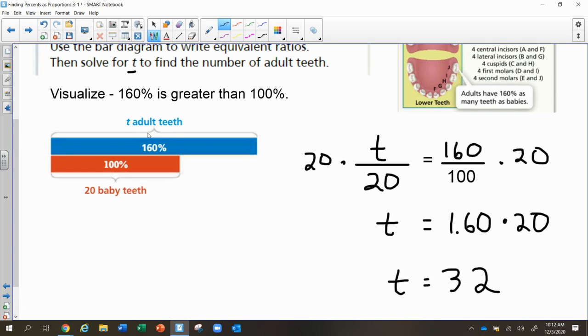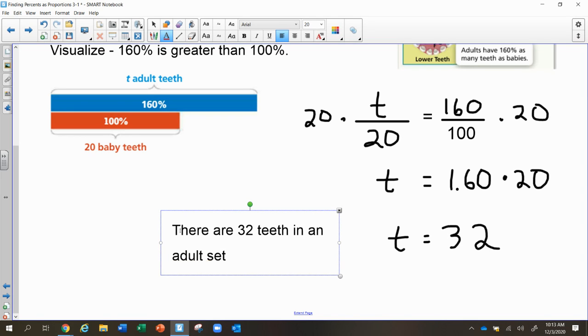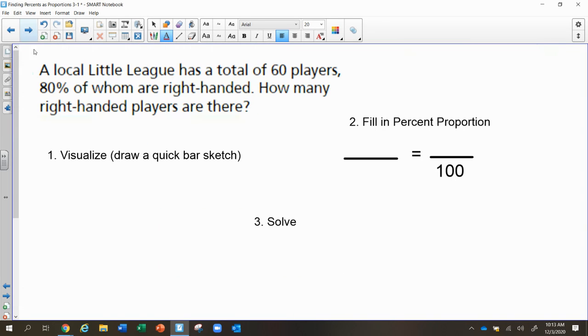What does it mean? How many teeth are in a full set of adult teeth? There are 32 teeth in an adult set. That's all that means. Does it make sense in my drawing? Yes, right? Because 20 baby teeth, 160% is going to be more, so I know it's going to be more than 20. 32 is more than 20.